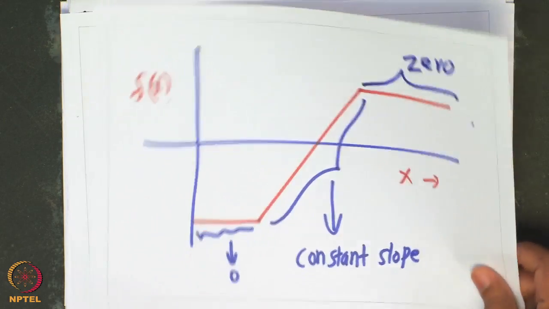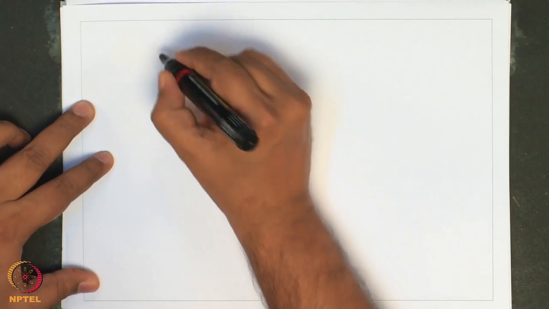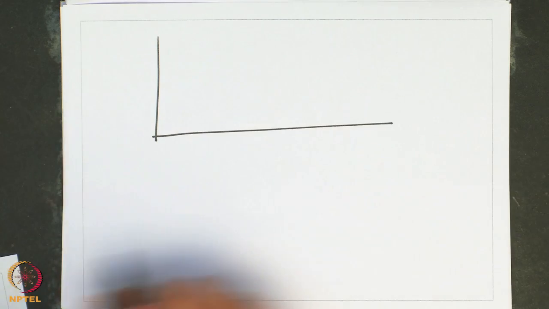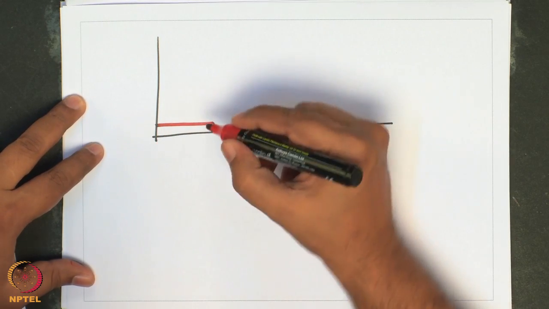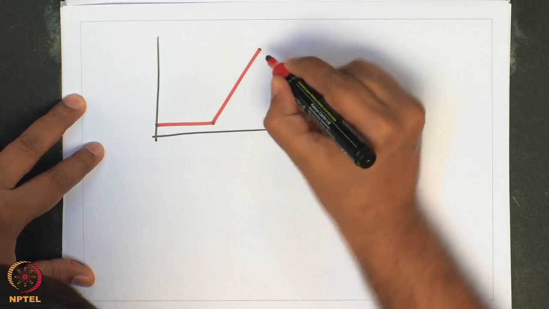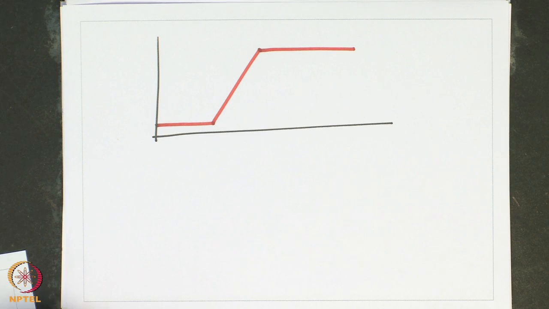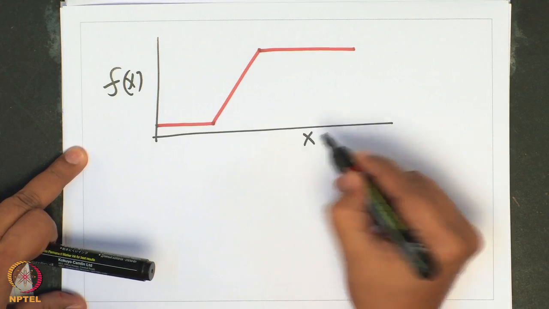Let us redraw this for our purpose. I am just slightly redrawing it. You have this function which is small, increases and saturates. This is your f of x versus x.